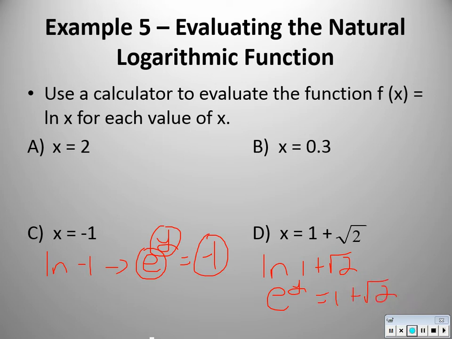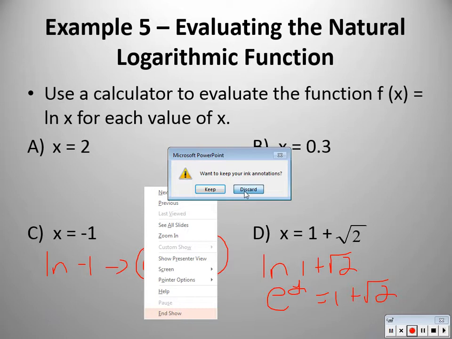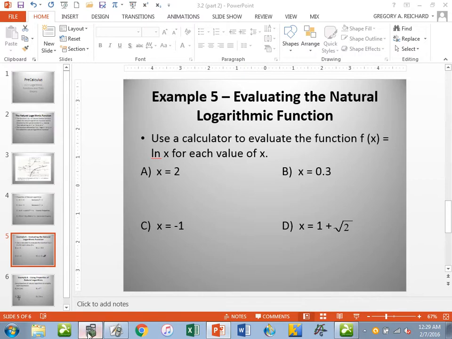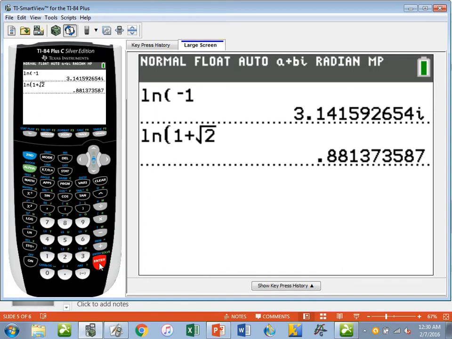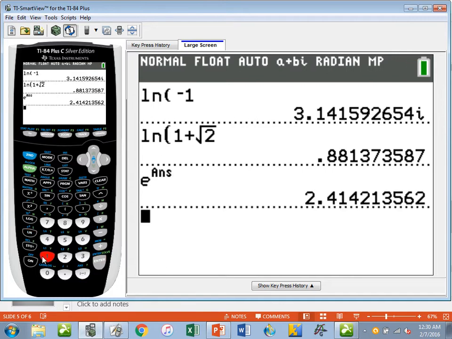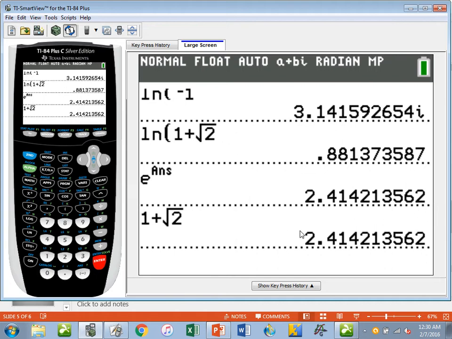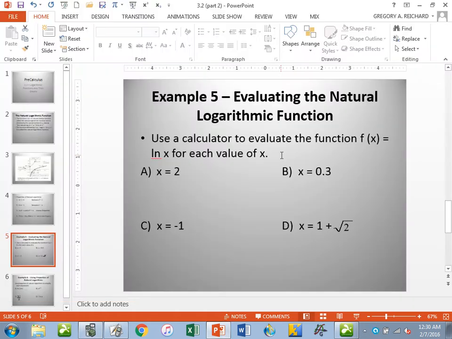So if I exit out of here and do the natural log of 1 plus the square root of 2, that's the value I get there, because if I did the natural base to that power, I would get a value that's equivalent to 1 plus the square root of 2. If I just put in 1 plus the square root of 2 to show you this, notice that those are the same. So that's just some different things with the natural log involving your calculator there.